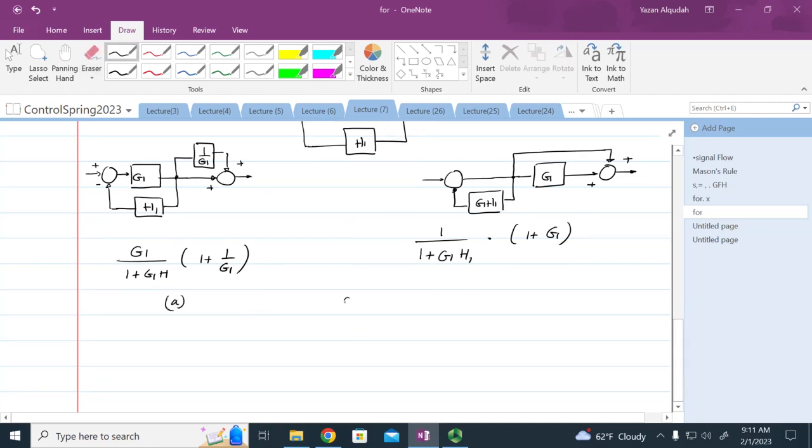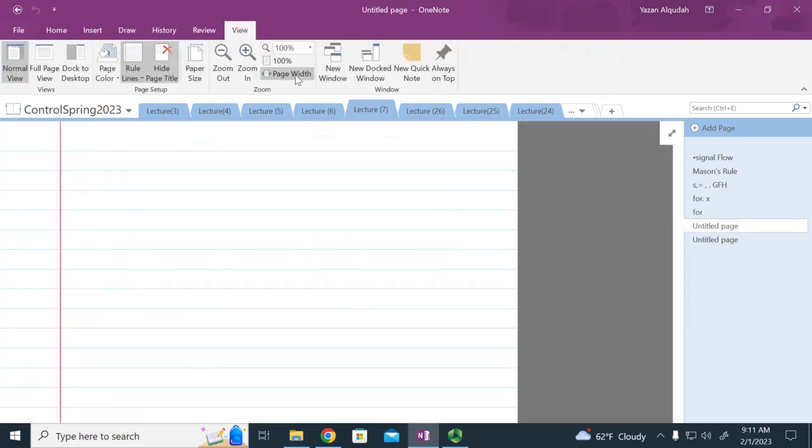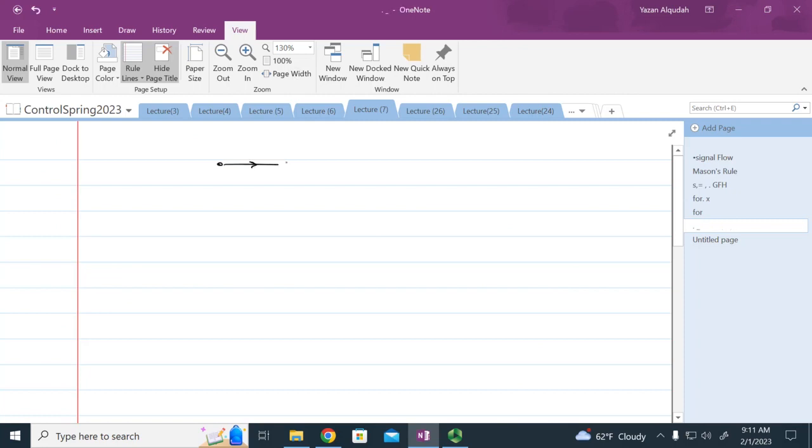So this is A or B. If we plot the signal flow, we're going to have G1, this is the output, this is 1, negative H1.